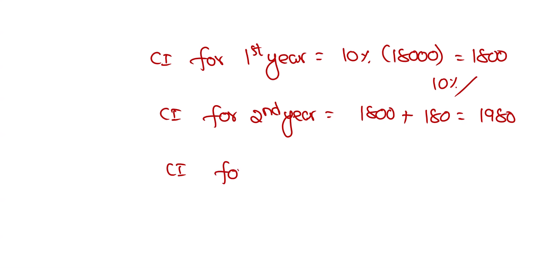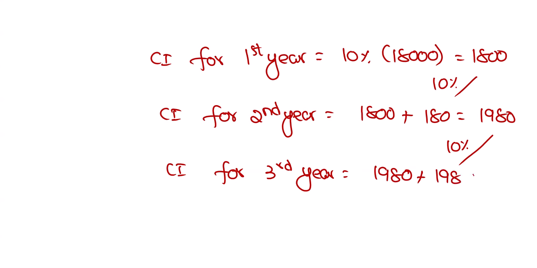Compound interest for the third year will be 1,980 plus 10% of this, which is 198. So 1,980 plus 200 means 2,180, 2 less means 2,178.